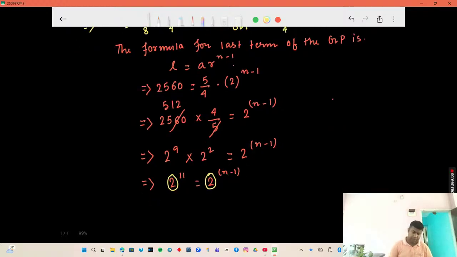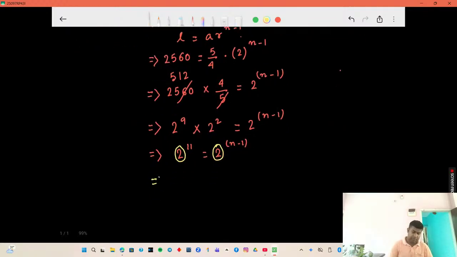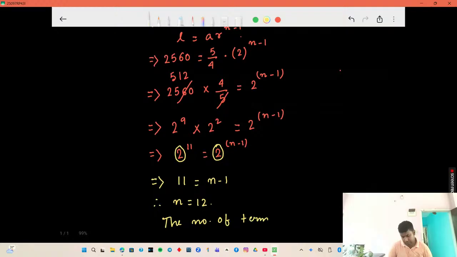Okay, so now we can write 11 is equal to n minus 1. Therefore n is equal to 12. So the number of terms of this GP is 12. Answer.